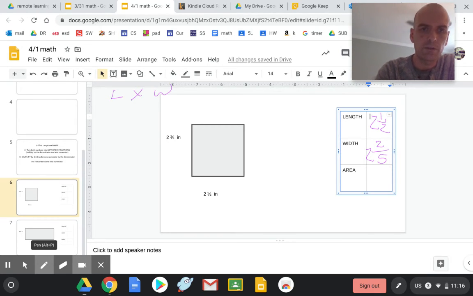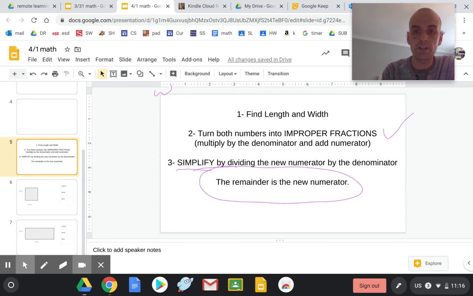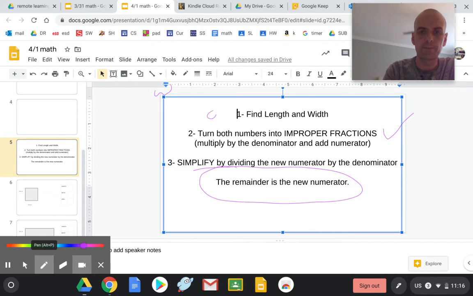So we're going to do 2 1/2 times 2 2/5, right? Now, if we go back to our steps, the first thing we do is find length and width, which we did, okay?